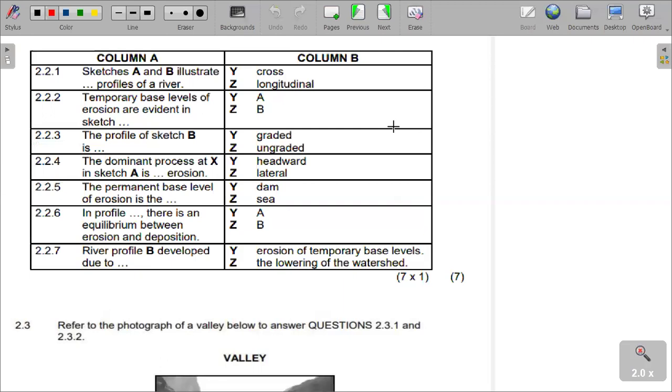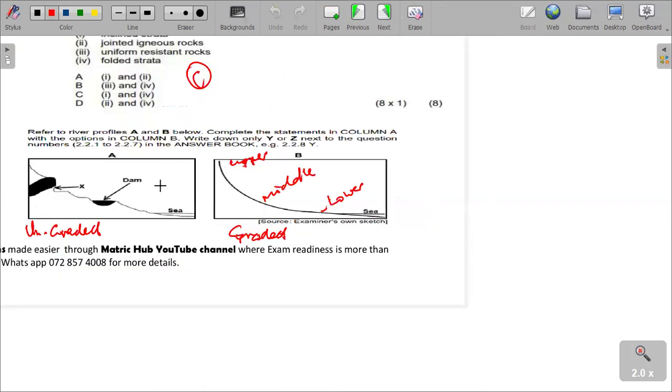Sketches A and B illustrate a dash profile of a river. 2.1.1, what are sketches A and B?